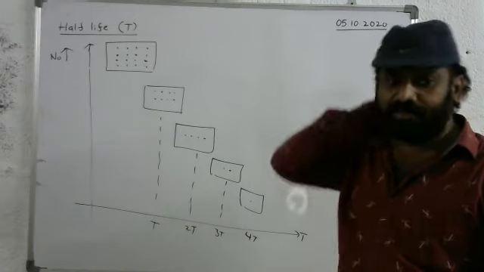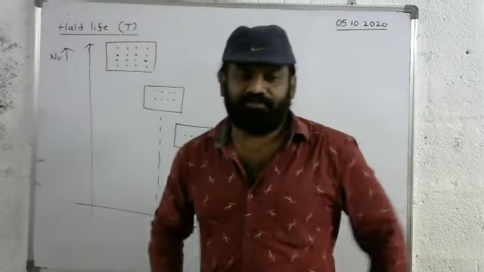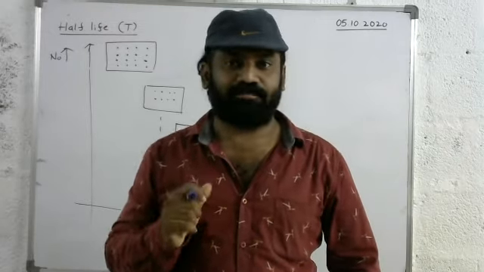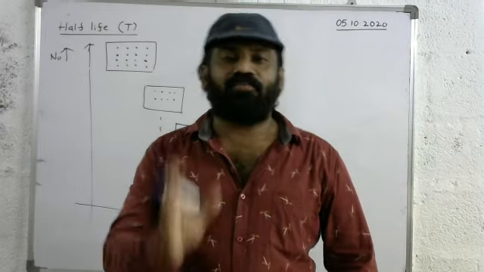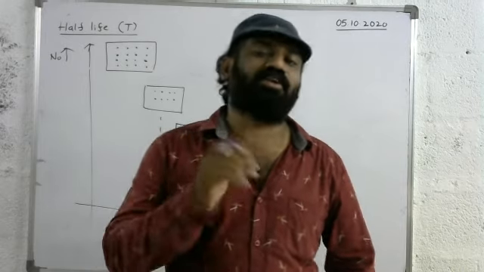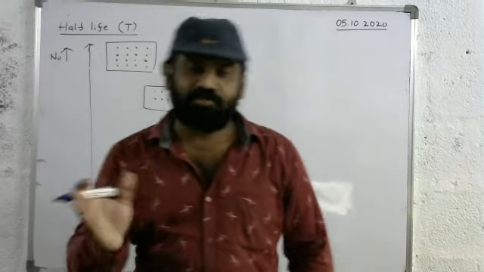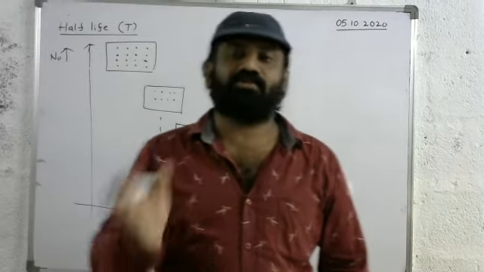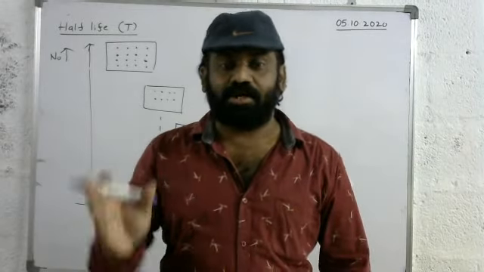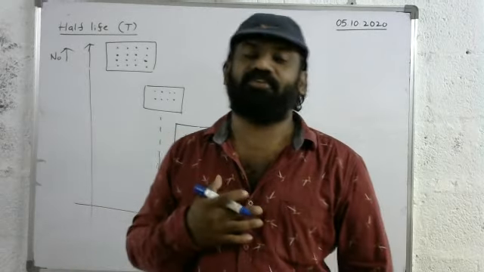The time required to disintegrate half of its original number of nuclei is called the half-life period. Once again, listen carefully. The time required for the number of radioactive nuclei of a radioactive substance to disintegrate to half of its original number of nuclei is called the half-life period.